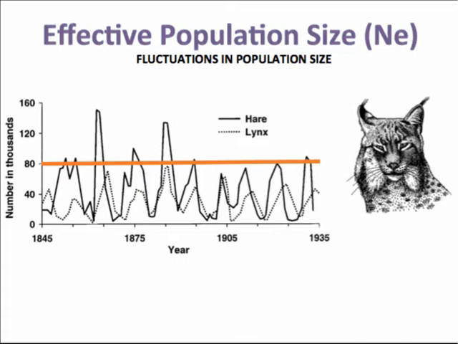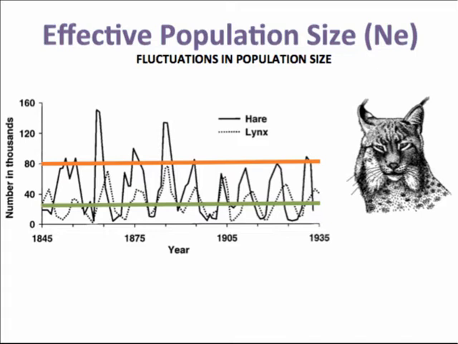A better way to measure the effective population size is to look at the harmonic mean of a population. And so this is actually the smallest possible mean. And this would be here, it would be something closer to that. And so you can see that the harmonic mean is actually much more related to the smallest number of individuals over time, rather than the mean or the highest number.